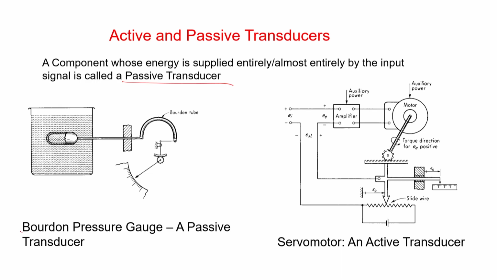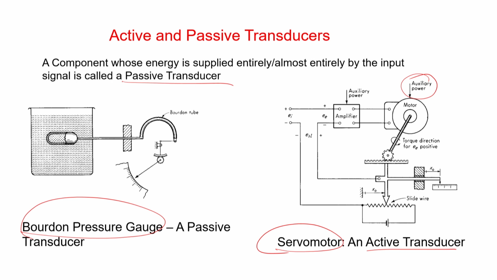So the example is a Bourdon pressure gauge, which is a passive transducer, and something in which you apply power, like a servo motor, in which you are applying an additional power, the auxiliary power system which is rotating the motor, and then you are measuring the changes. So this is an active system. So you can have a passive transducer, you can have an active transducer system.